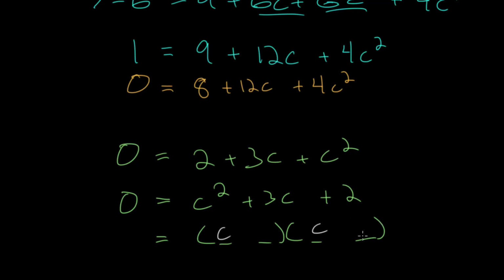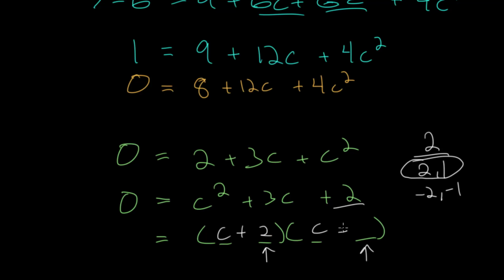And likewise, we know that these two terms have to multiply to 2, and they also have to add to 3. So we can look at the possible numbers that multiply to 2: 2 and 1, or minus 2 and minus 1. And which of these adds to 3? Well, that would be 2 and 1. So you get plus 2 and plus 1 here.